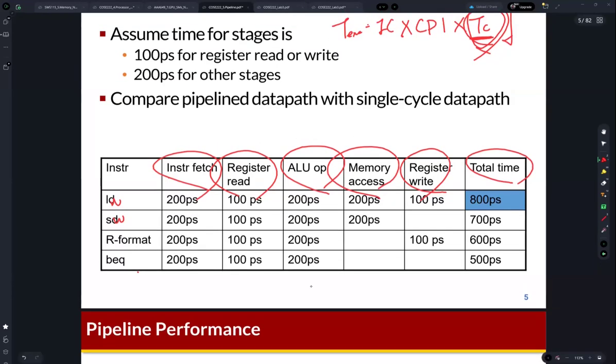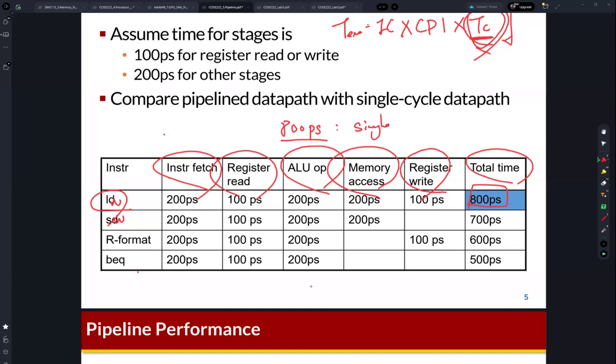This example also shows that the load instruction is the critical path. Then what is the clock period of this single cycle processor? The clock period needs to be greater than 800 picoseconds. So we can just assume that the clock period is around 800 picoseconds for the single cycle processor.